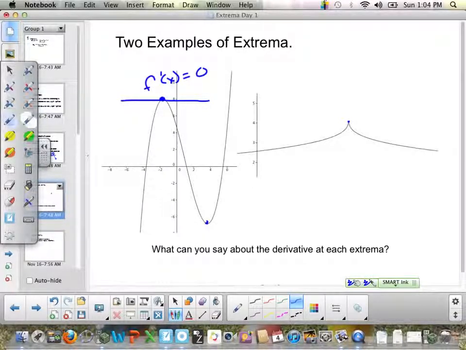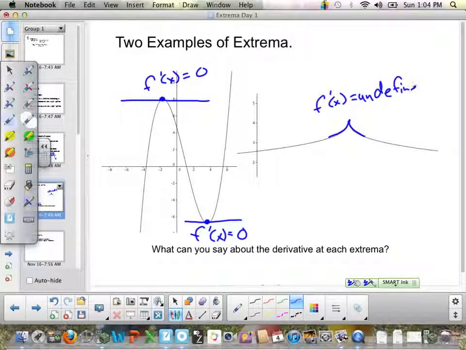On the minimum, or the relative min on our cubic, again, it's a horizontal tangent, so f prime is also equal 0. Here it's a cusp, a sharp turn, and when we have a sharp turn, our derivative is undefined. So the derivative at each extreme is either 0 or undefined.